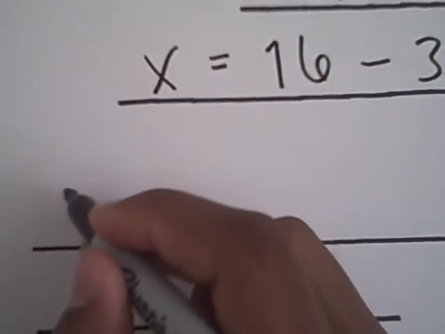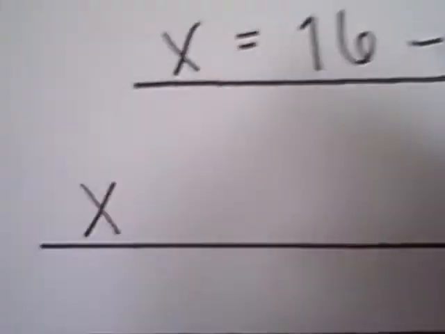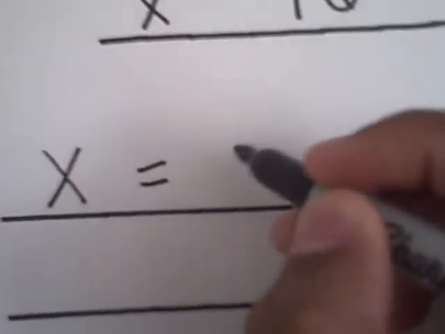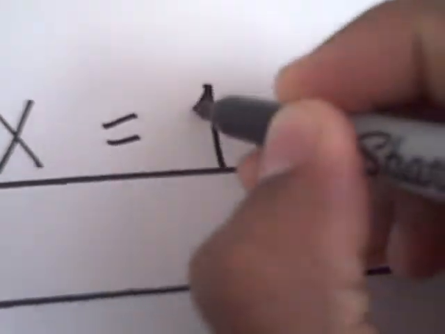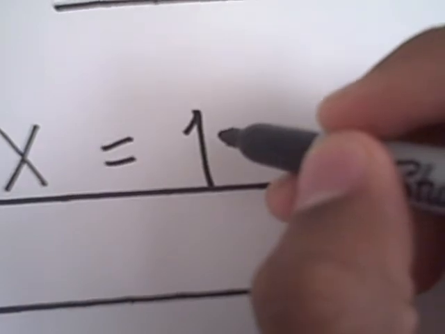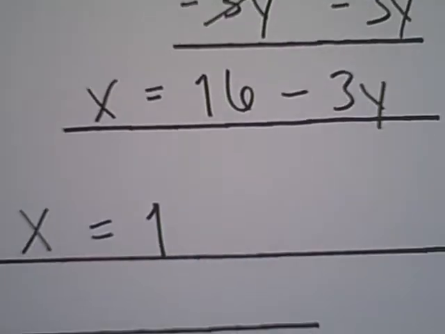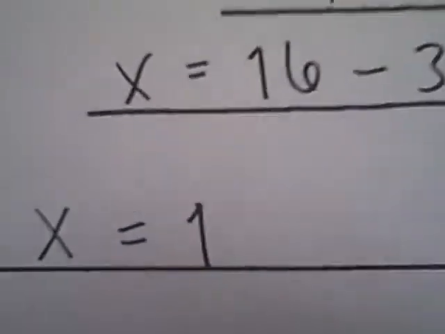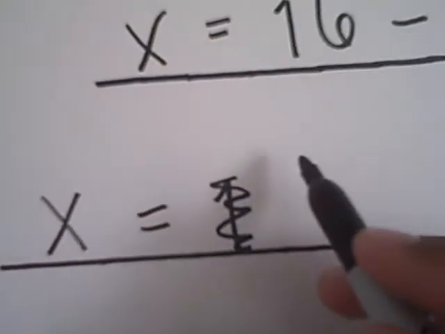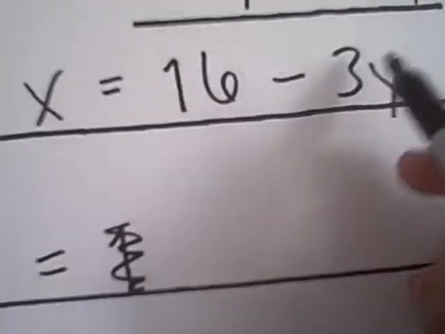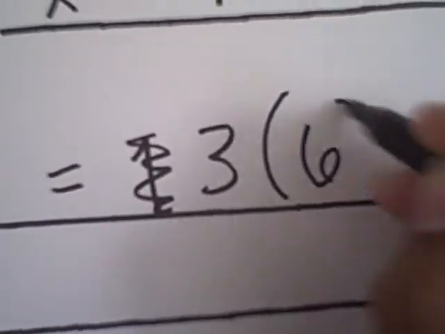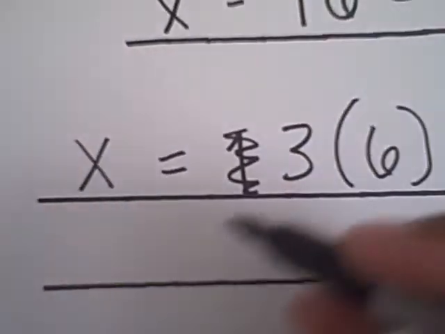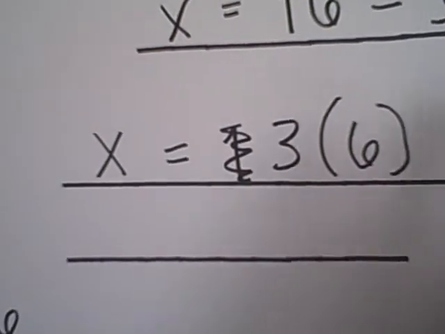Next, we have to plug in y. So next it'll be x equals 16. No, sorry, I messed up. Hold on. Okay, I figured out what the problem was. Now that's wrong. We have to do the 3. So we plug in the 6 from the last equation, where we figured out y equals 6.